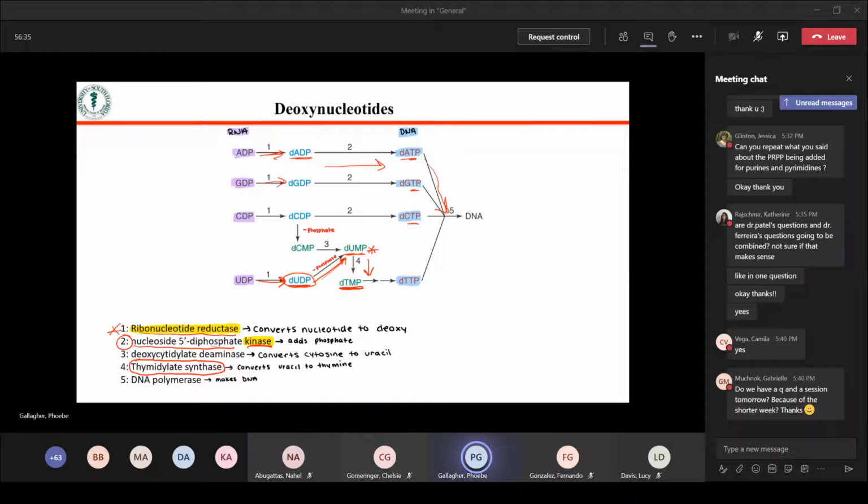It's also important to note that you can make a CMP, dCMP, and make it into a uracil, which we already kind of talked about as well. And I don't remember if we have to remember this enzyme, but I probably would just in case. So know that, and then you can complete the pathway to make it into DNA. So the main point of this slide is that she wants to show you how RNA bases are turned into DNA bases.